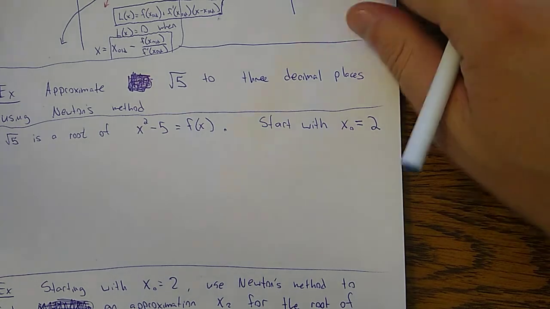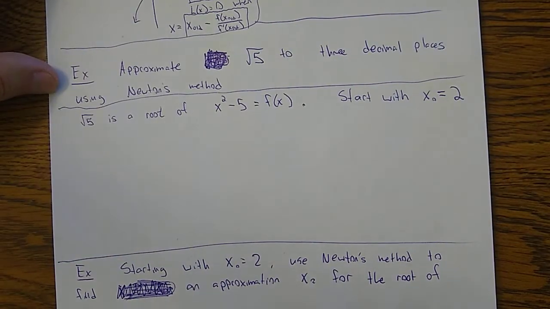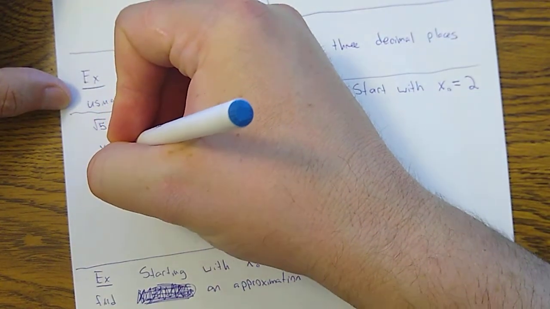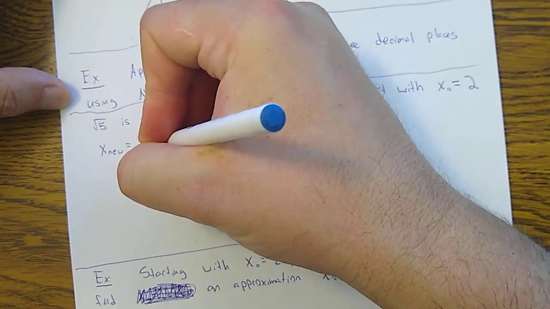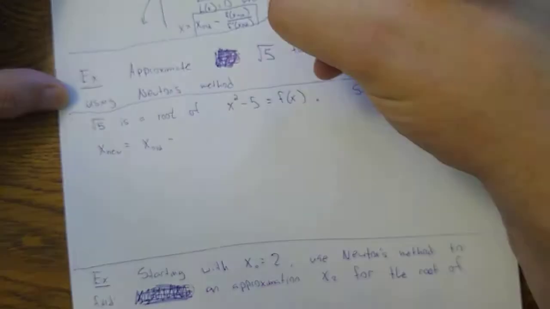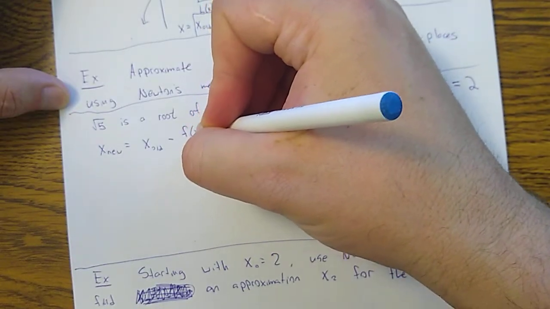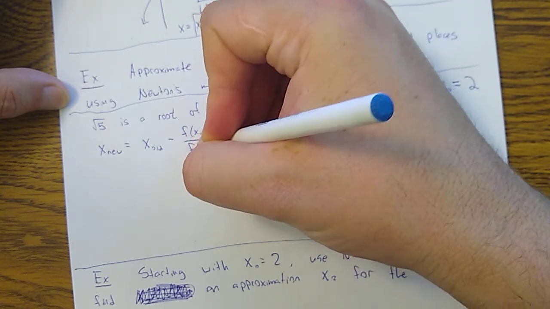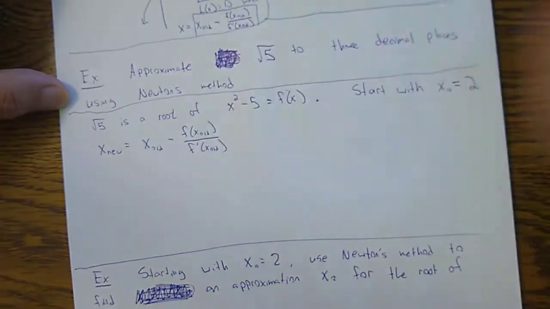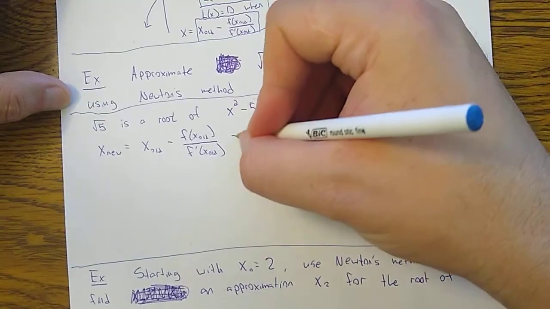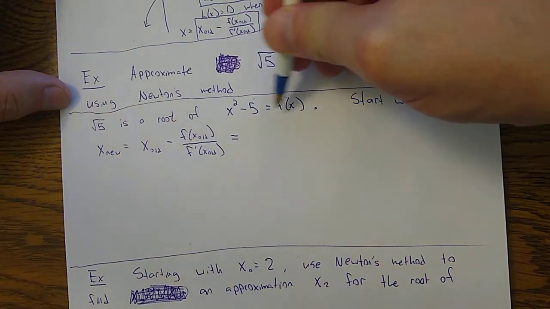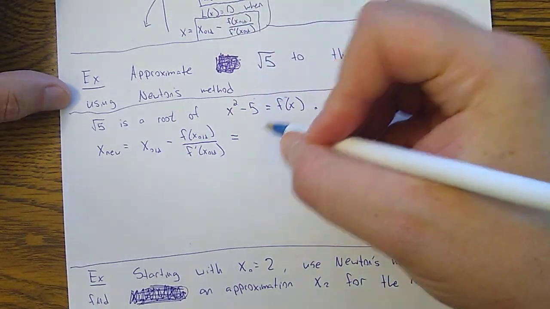So let me tell you how I calculate these. Right, x new is x old minus f of x old over f prime of x old, like that. Of course, f of x is just this.